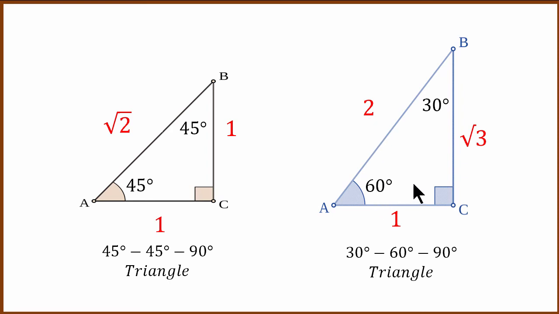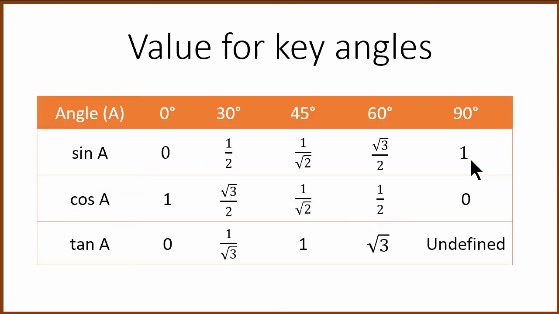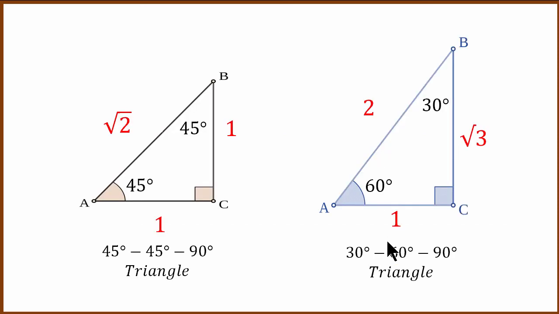And tan 60 will be opposite side, which is root 3, divided by adjacent side. So tan 60 will be root 3. So you can see in the previous table that sin A is root 3 by 2, cos is 1 by 2, and tan A is root 3. As we talked earlier, you can find the values of cot, secant and cosecant by using sine, cos and tan values.